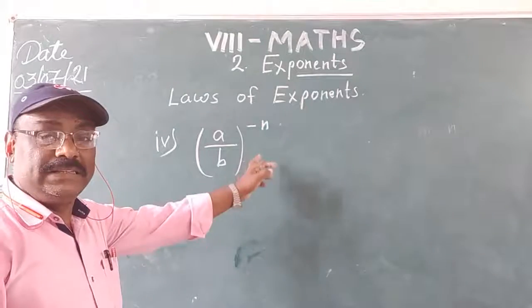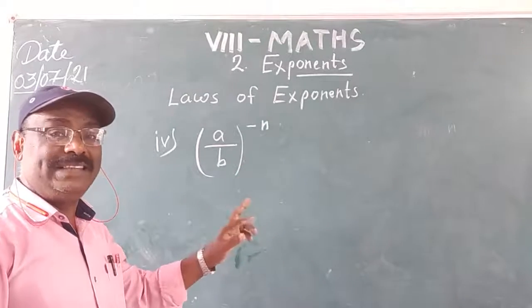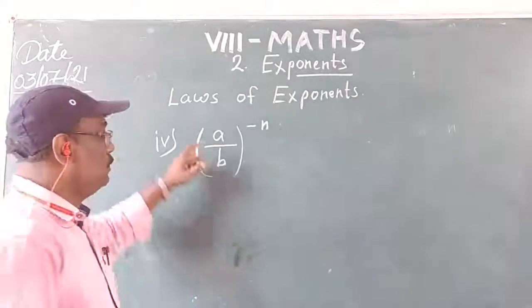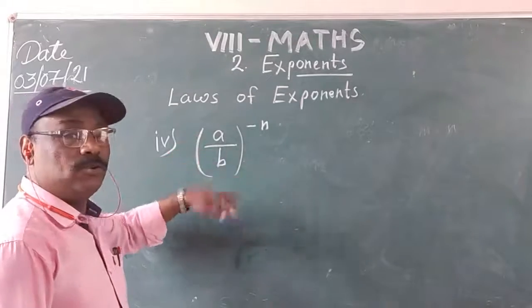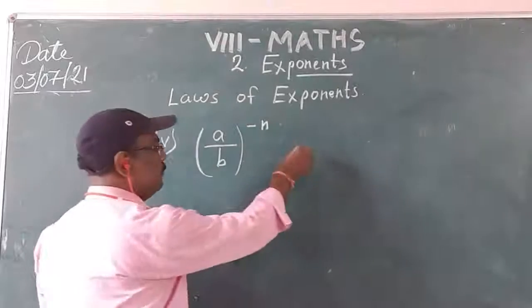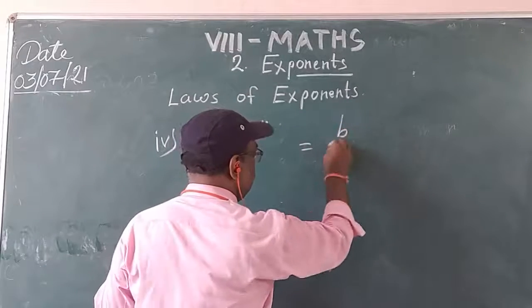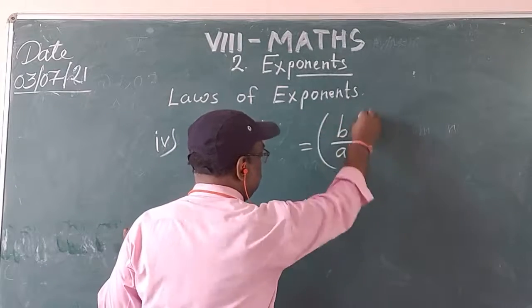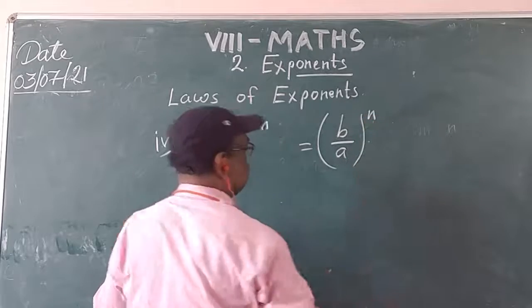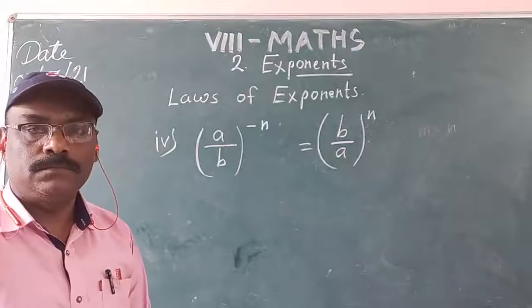Now the power is in minus. If I want to change the power into positive, then we have to take the reciprocal of a/b. So I will write b/a, and then we can write plus n. Okay.